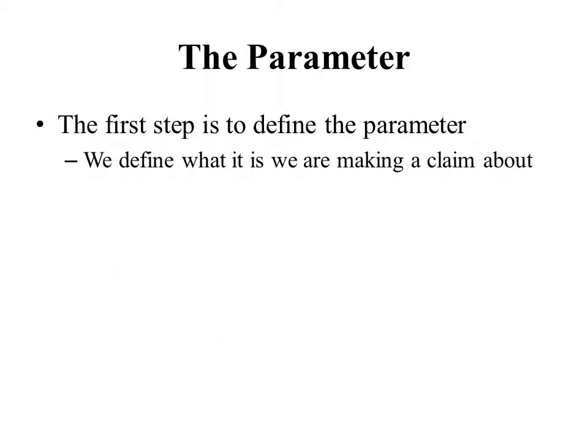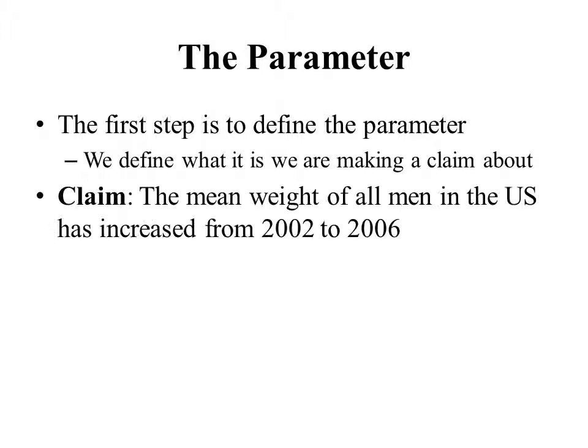Okay. So really the first step, even before we set up the hypotheses, is to define the parameter. Now, when we define the parameter, we define what it is we're making a claim about. We're not simply restating the claim, we're defining what it is we're making a claim about. This step is very similar to defining the parameter that we did back in chapter 6, so there's really not a whole lot new.